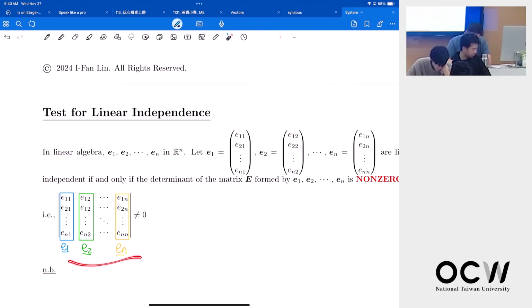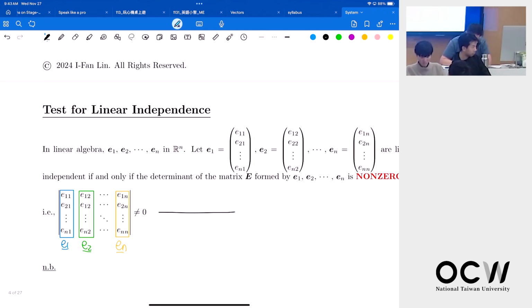If this is non-zero, then these n vectors are linearly independent.